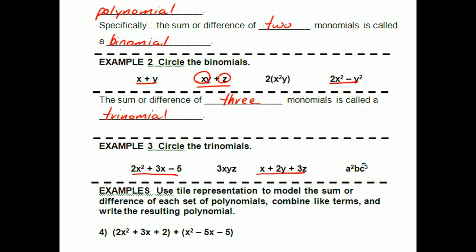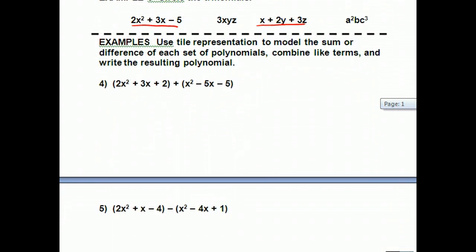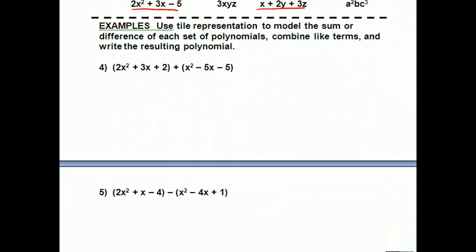Okay? So let's take a look at how we add and subtract polynomials. Okay, so here we're going to use some tiles. And it says use tile representation to model the sum or difference of each set of polynomials. Combine the like terms and write the resulting polynomial.